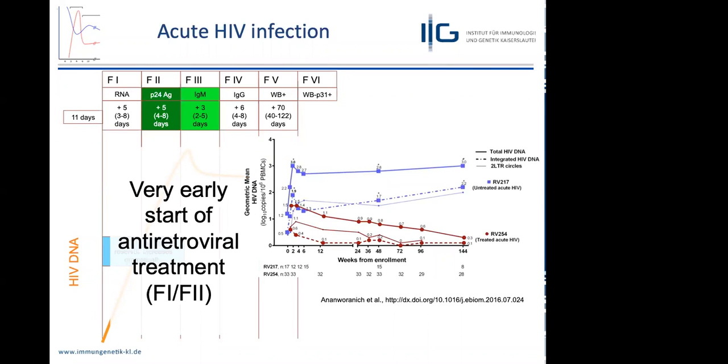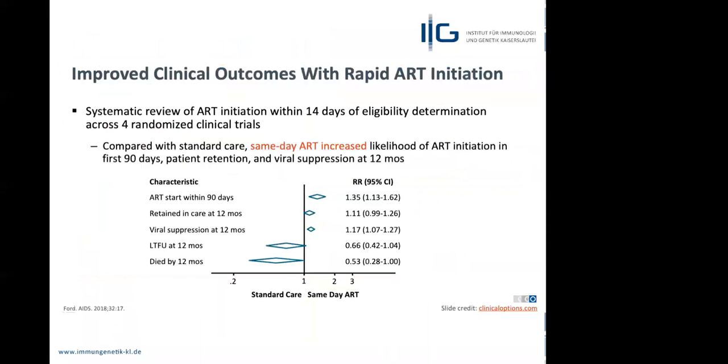But starting antiretroviral treatment during Fiebig 1 and 2, you do see that the viral load, the DNA, is decreasing dramatically. So we can affect the viral reservoir by treating very, very early.